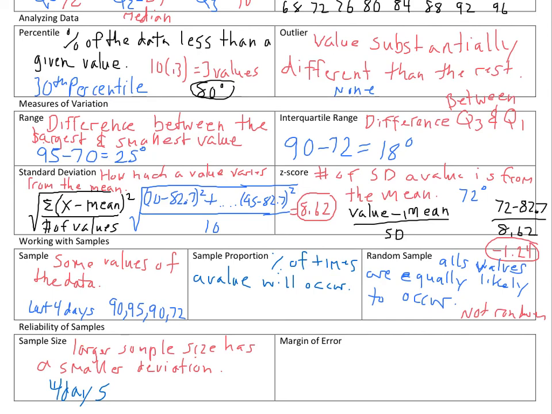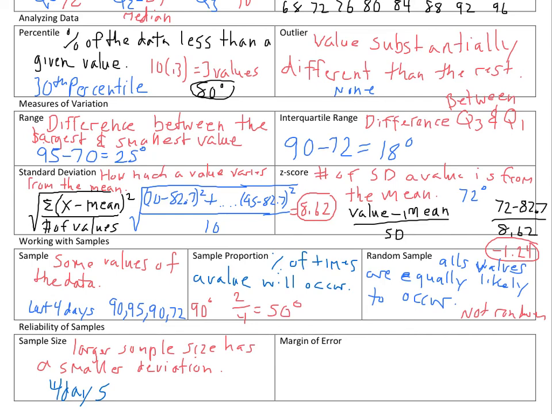Well, let's choose in this sample 90 degrees. So for the sample, the percent of times it occurs, well, there's 4 numbers in the sample. And how many of them are 90? Look right here, 2. So that would be 2 out of 4. So we have a 50% sample proportion.